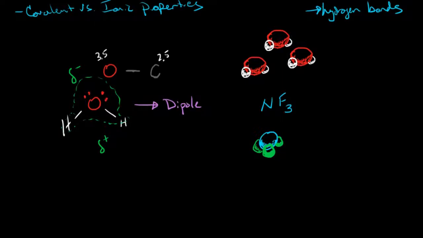Okay, and then there would be a lone pair of electrons up here. What shape is this, by the way? Not tetrahedral. Tetrahedral would be if we have another atom up here. This is trigonal pyramidal.